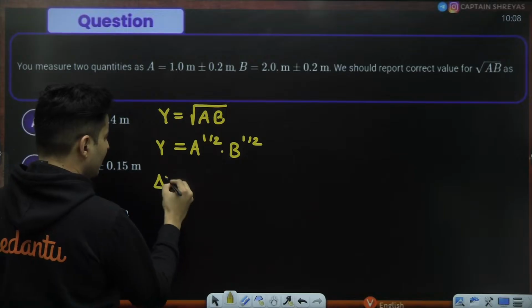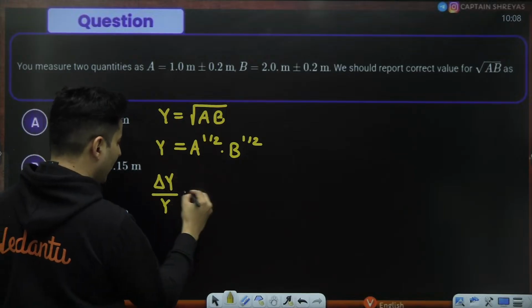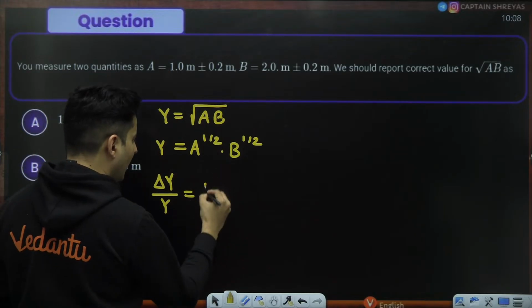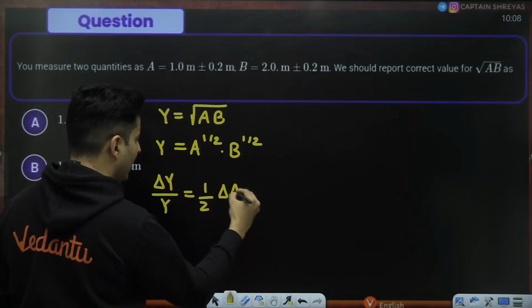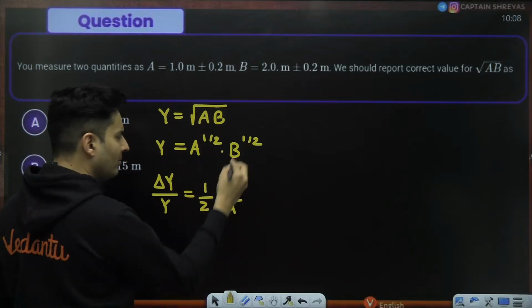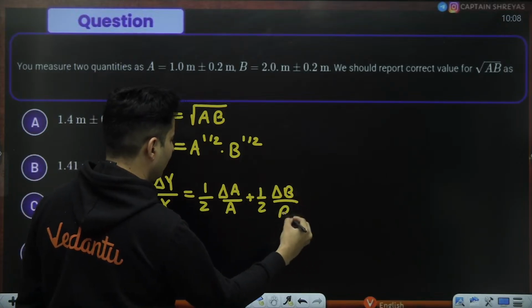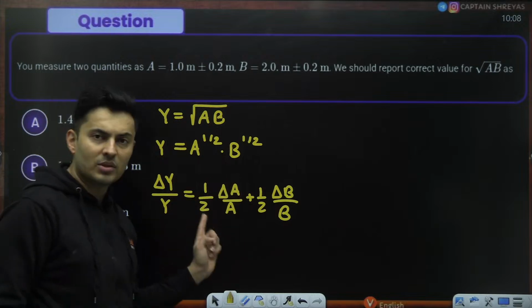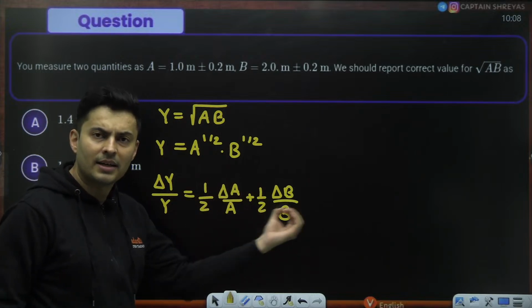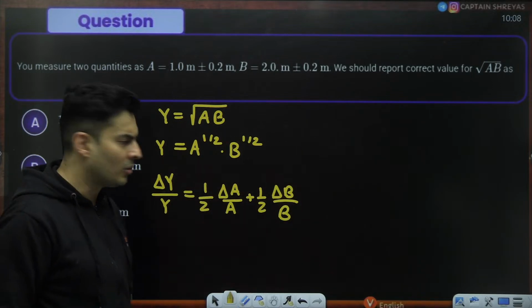So using the principle of errors, delta y by y will be half, the power, times delta a by a, and b's power is also half, so half into the relative error of b. So this is the formula. Whatever is the power will come outside and you multiply it with the relative error. Keep doing it till all the terms are over.